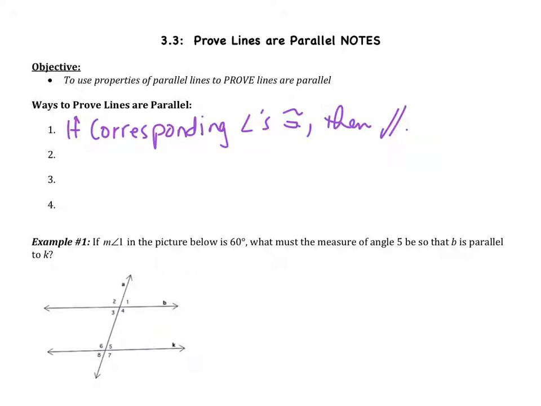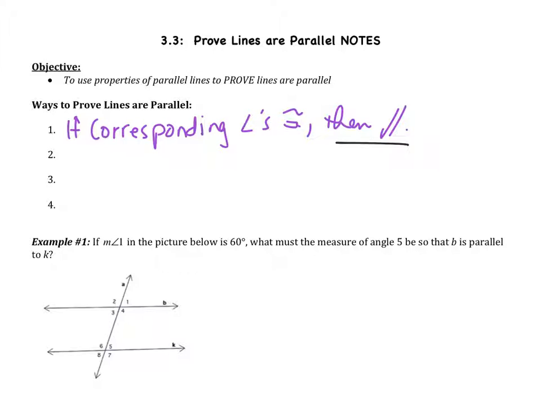Big hint for you as we go through. If you are trying to show that they're parallel, your conclusion is parallel. If you're trying to prove angles congruent, your conclusion should be the converse of this statement, and you would say that the angles are congruent. So you would say, if parallel, then corresponding angles are congruent. So your conclusion is always what you're trying to prove, okay?